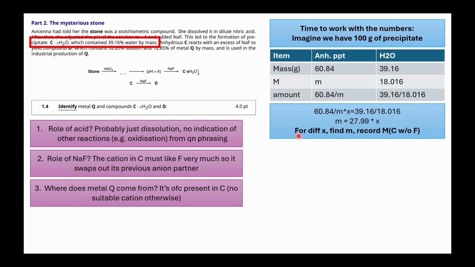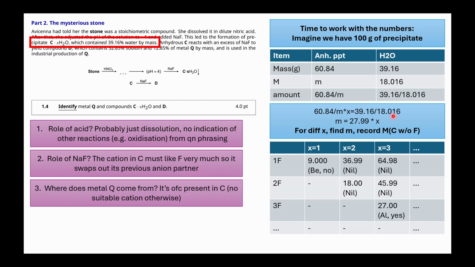So our strategy here will be to sub in different values of x, find the corresponding values of m, and record the value of the molar mass of precipitate C without fluorines. So that sounds complicated. Let's just draw another table. The more you do this, the easier it will be, and the faster you can do this as well. So x equals 1, 2, 3, and so on.